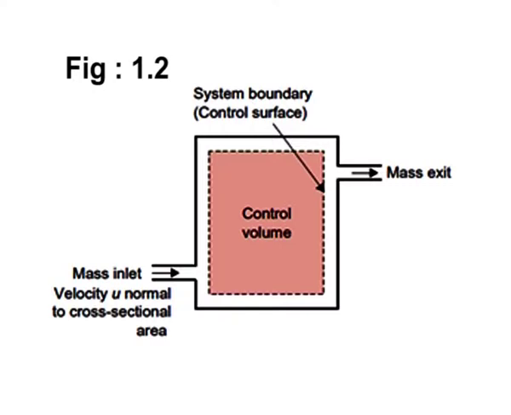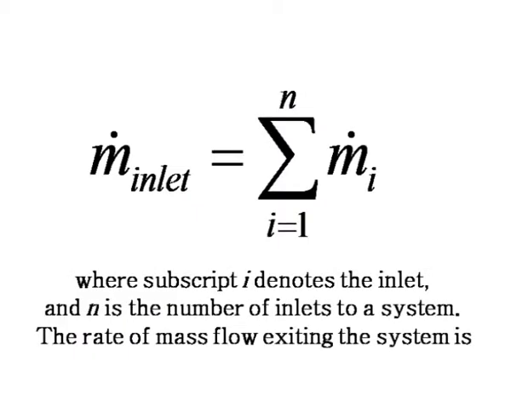Therefore, for the general case, the rate of mass flow entering the system is denoted by m dot subscript inlet, which is equal to the sum of n streams entering the system. Here, the summation is given by sigma i equal to 1 to n of m dot i, where subscript i denotes the inlet and n is the number of inlets to a system.